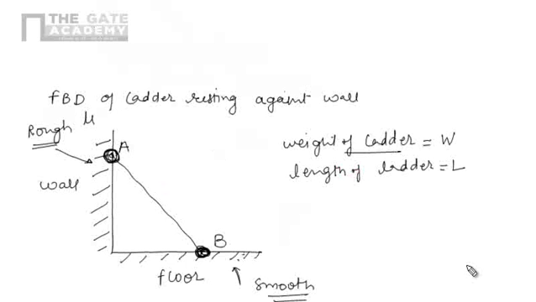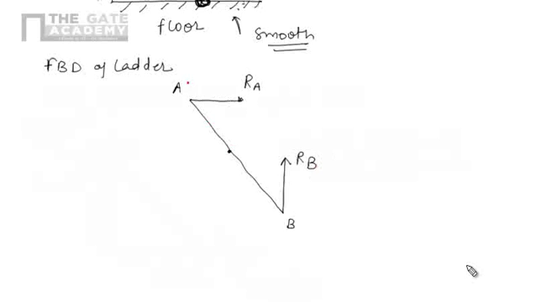Now in the problem it is already mentioned that the weight of the ladder is W and the length of the ladder is L. So the weight of the ladder will lie at the center of gravity, which is at the middle of this ladder, at a distance L by 2 from both the ends. So you can also represent the weight at the CG point.